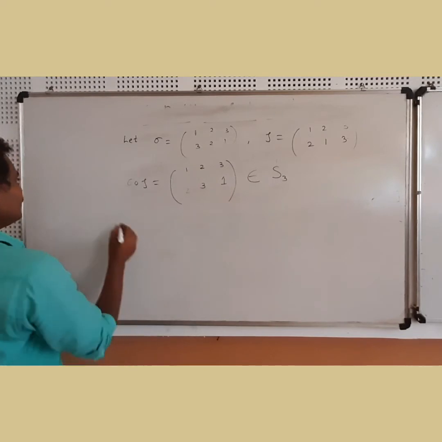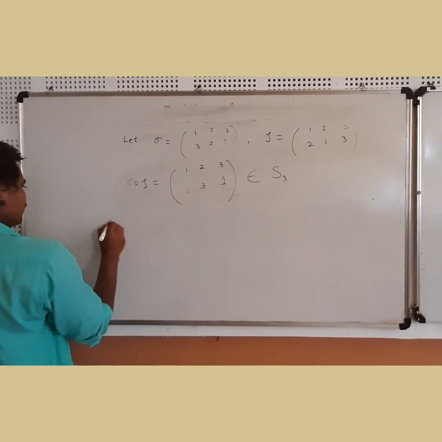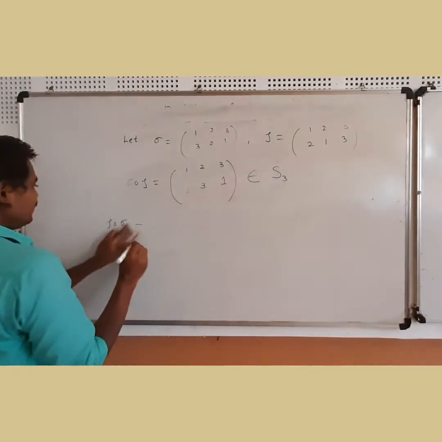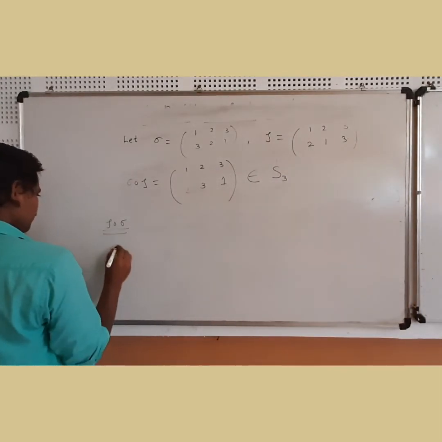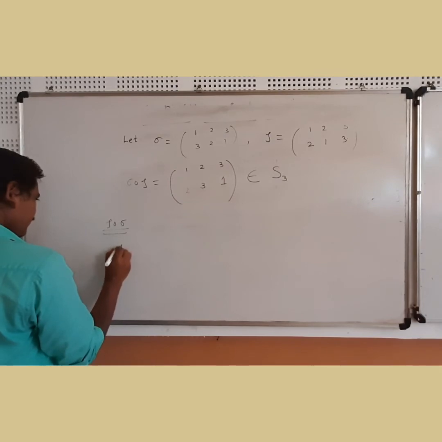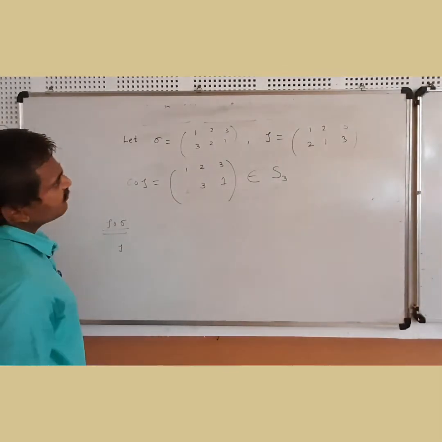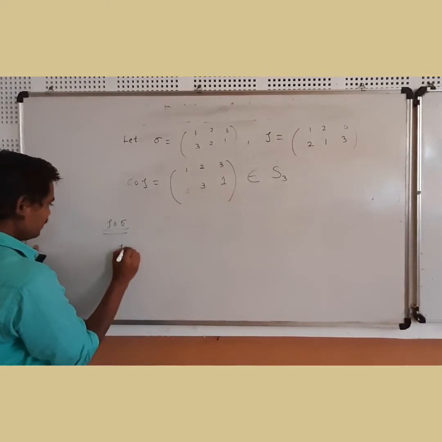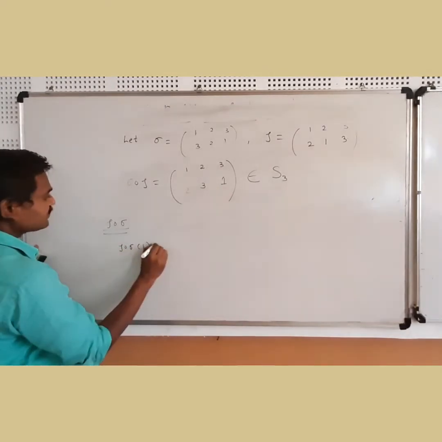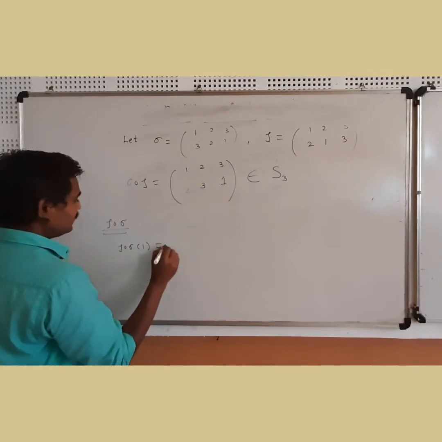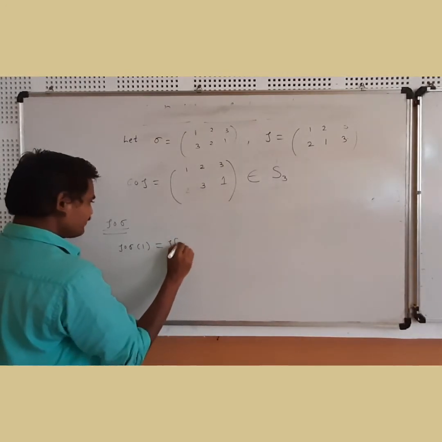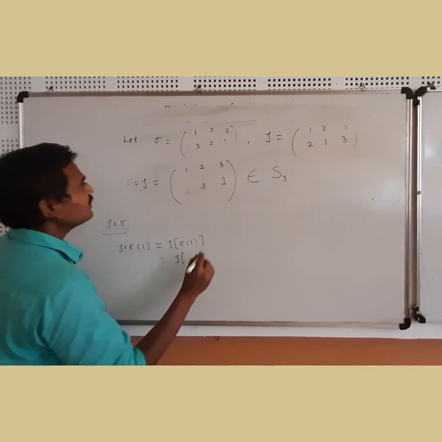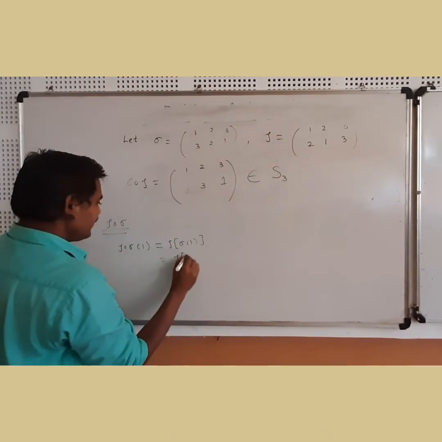Let us calculate tau circle sigma. For that, we must calculate the image of each symbol under this composition tau circle sigma. Tau circle sigma of 1 is what? This is tau of sigma of 1. This is equal to tau of, what is sigma of 1? Sigma of 1 is given as 3.